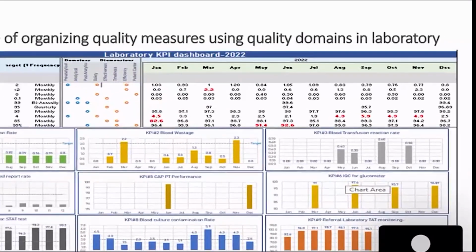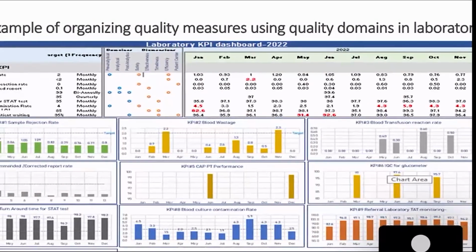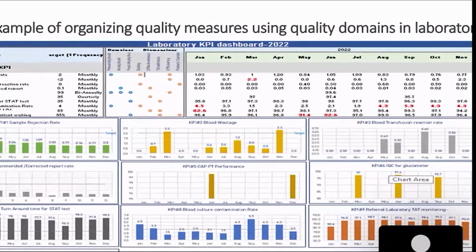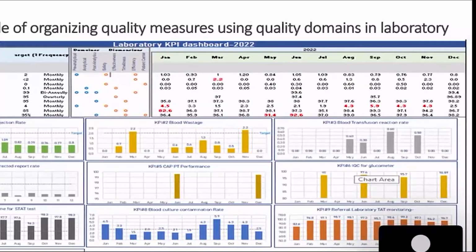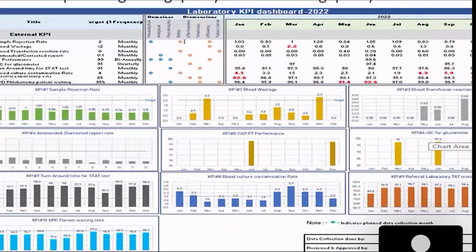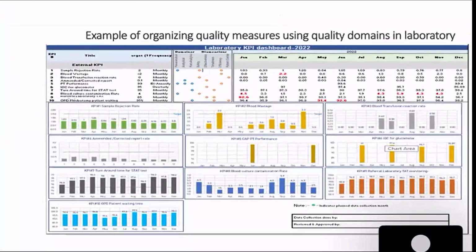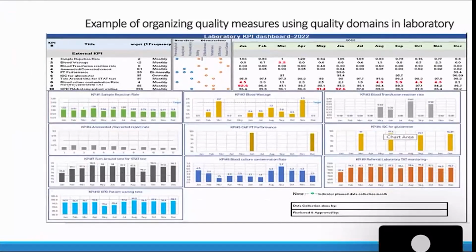and we put in the monthly data. We highlight when there are outliers from the target, or when we are getting away from the target. When there is a continuous failure, we take it up as a PDCA project to improve. This is how we put it as a monthly dashboard.